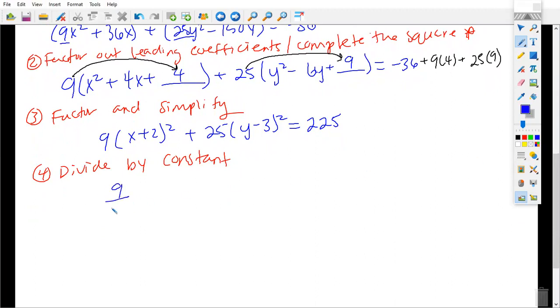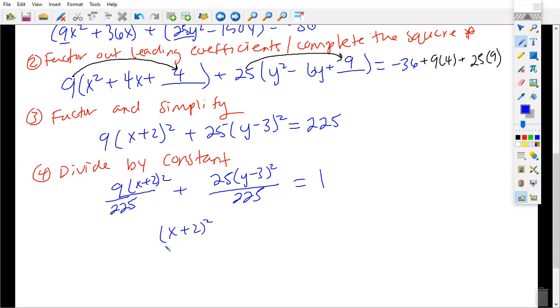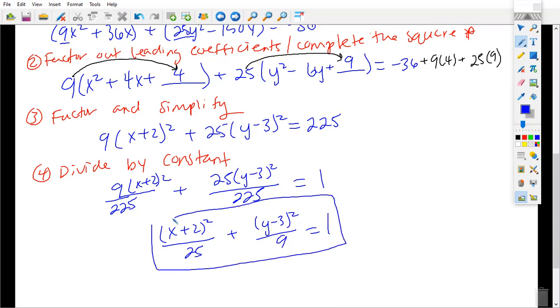So we have 9 divided by 225, x plus 2 squared, plus 25, y minus 3 squared, divided by 225, and now that's going to equal 1. Clean it up. x plus 2 squared over 25 plus y minus 3 squared over 9 equals 1. And there is your standard form.